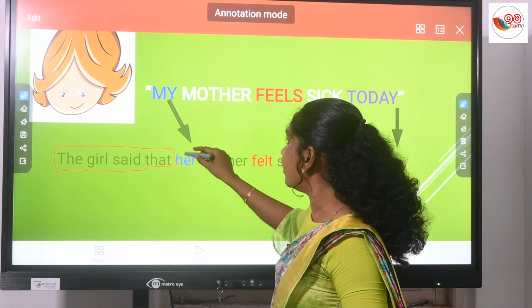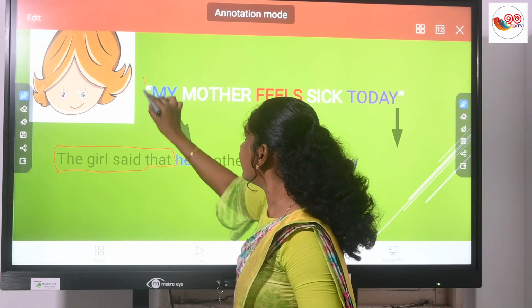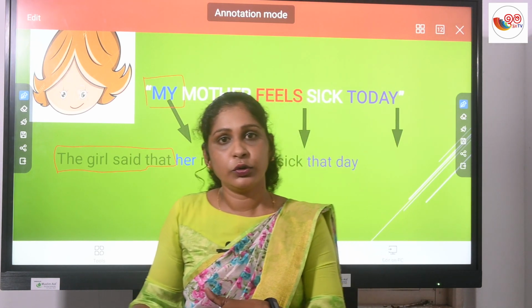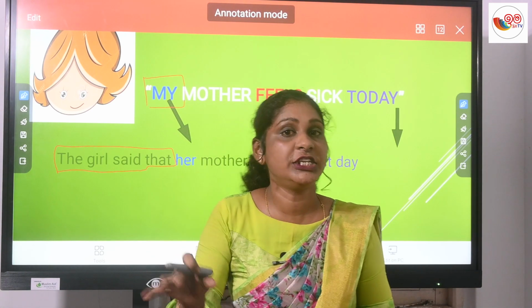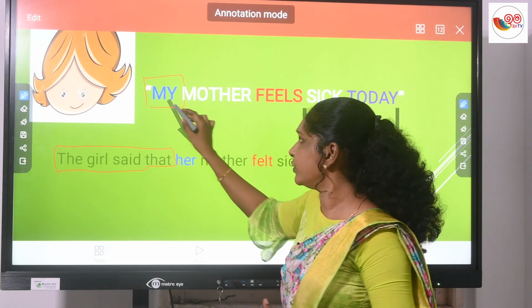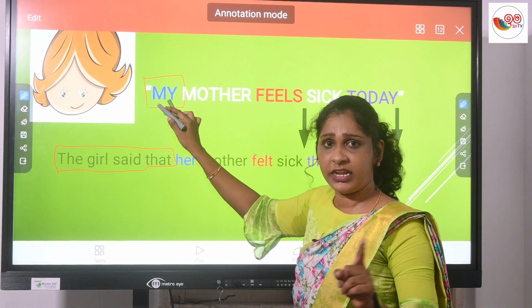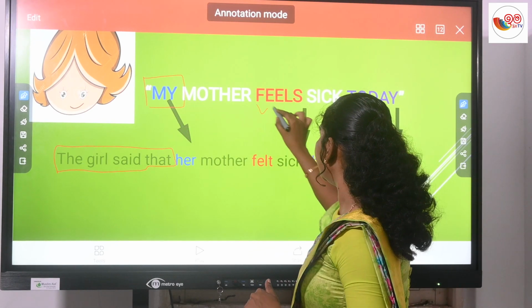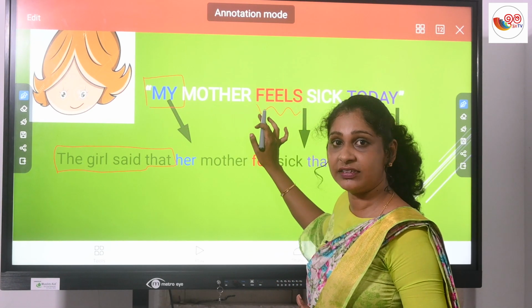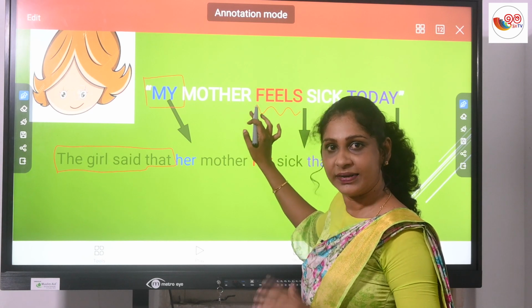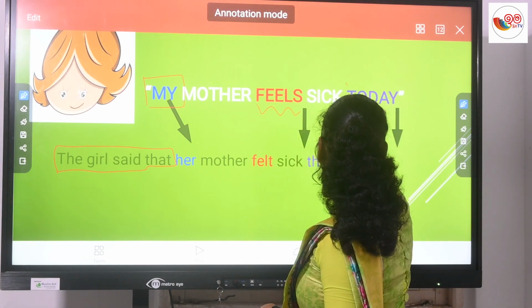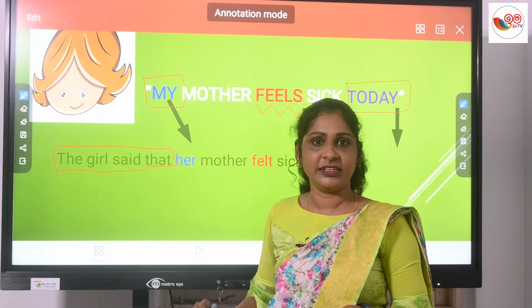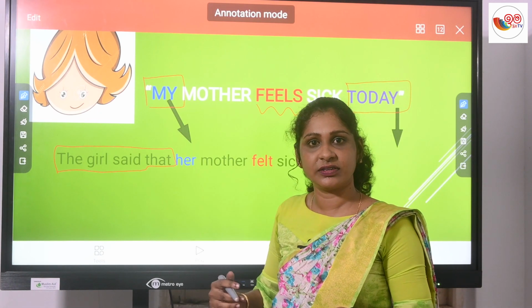So here only you are going to do the changes. So look at the first change. First, before you do, you have to identify the changes. So what are the changes you have to do? My, definitely you have to change. You know, feels. This is the tense change. Present form. Tense change is here. Time or place change is given. Time or place change. Already we have discussed.